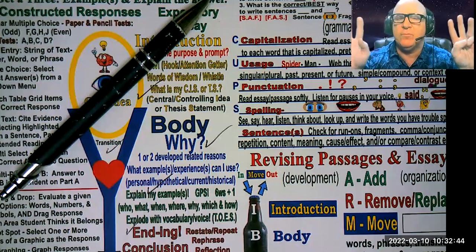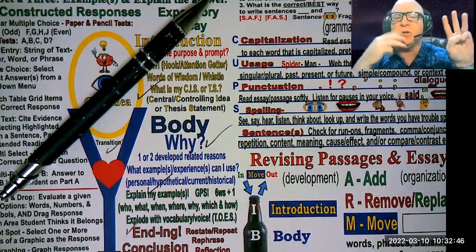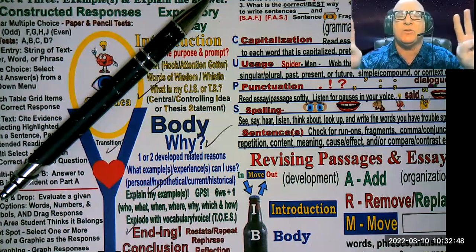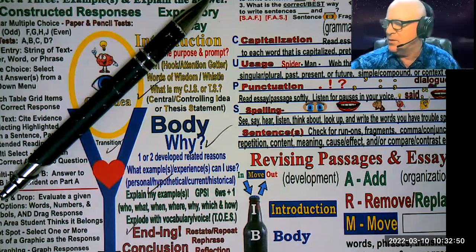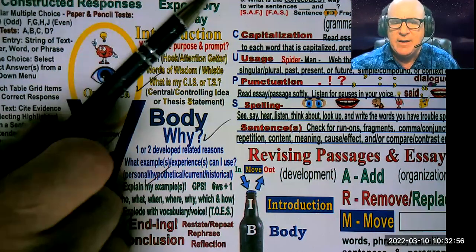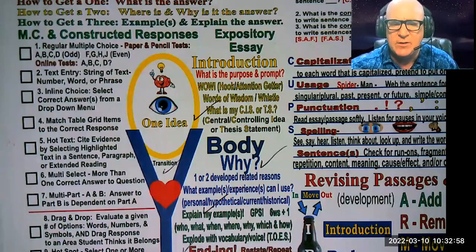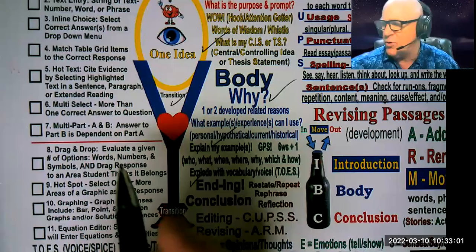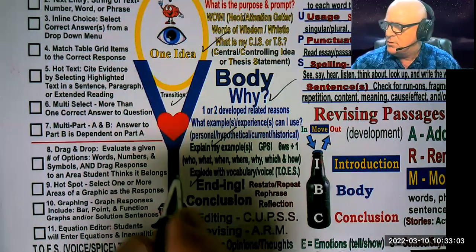So have them replaced. Can I use some words of wisdom, a truism, a quote, a saying? So all of that is important. And if you notice, not only have I mentioned all of these things, there's the exploding with higher vocabulary and voice.